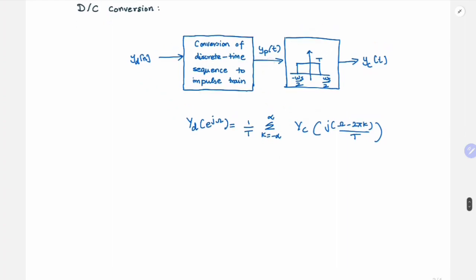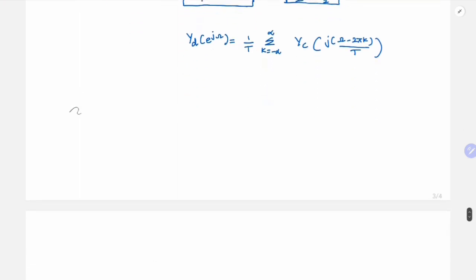So now let us again see the full block diagram and try to represent what continuous time frequency response we are going to get, and relate it to the discrete time frequency response. So again drawing the full thing.